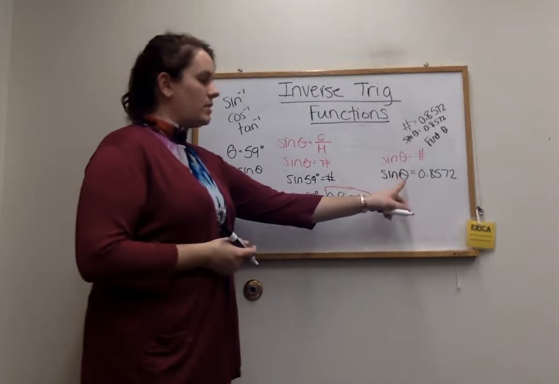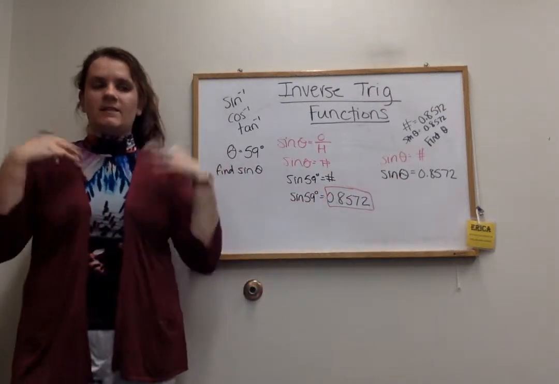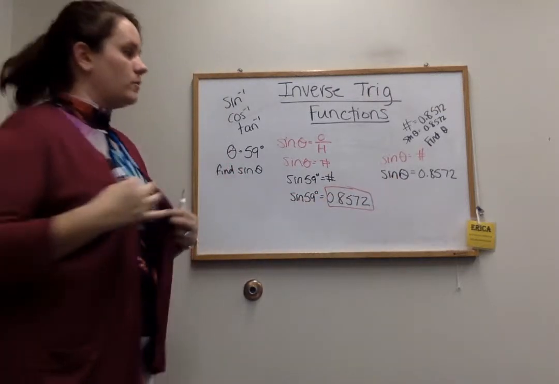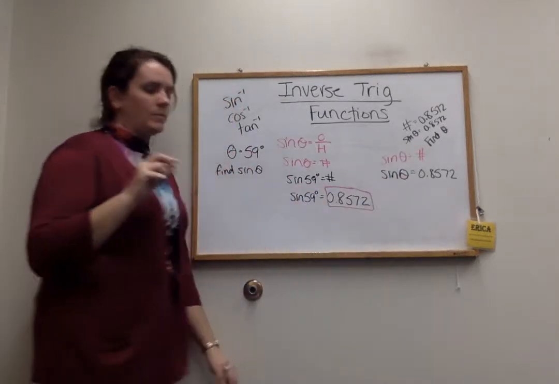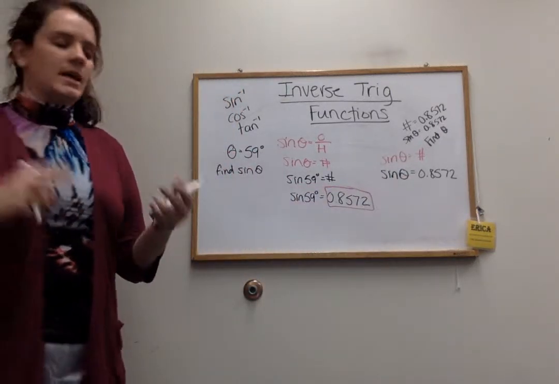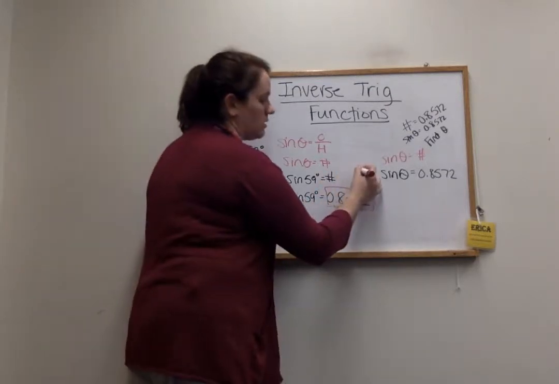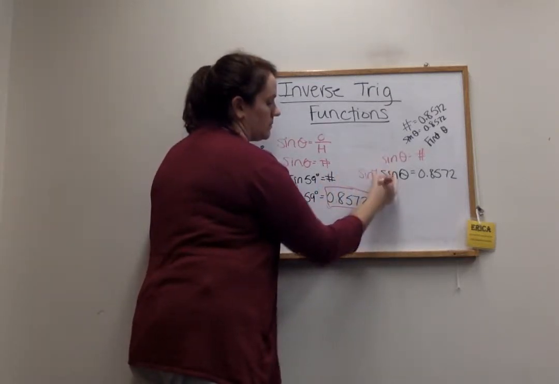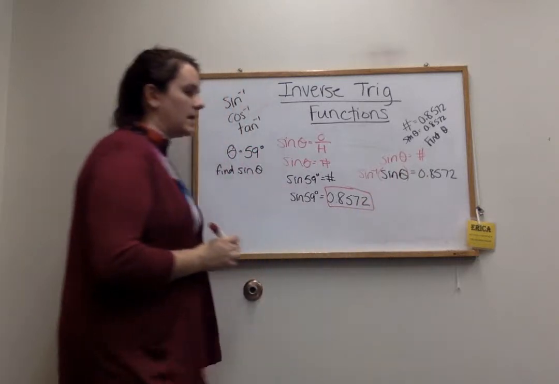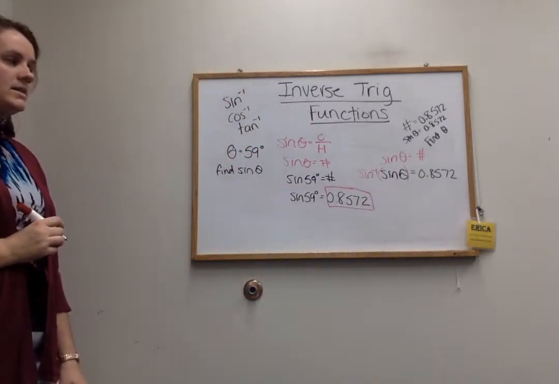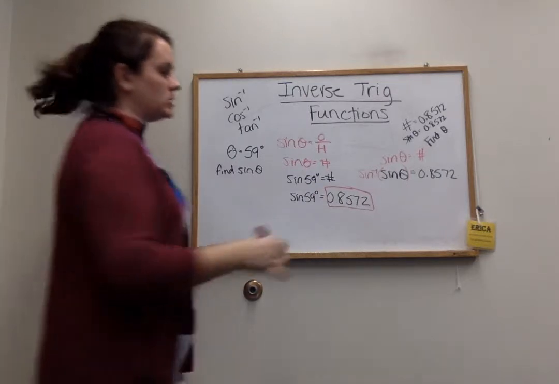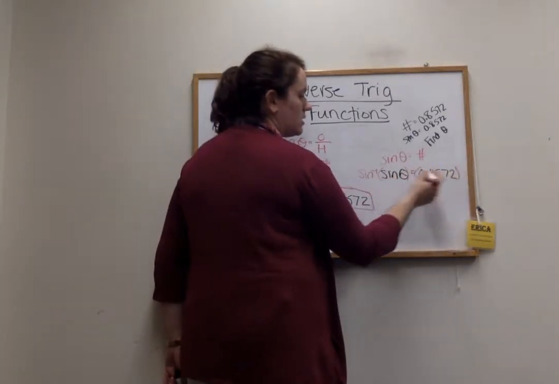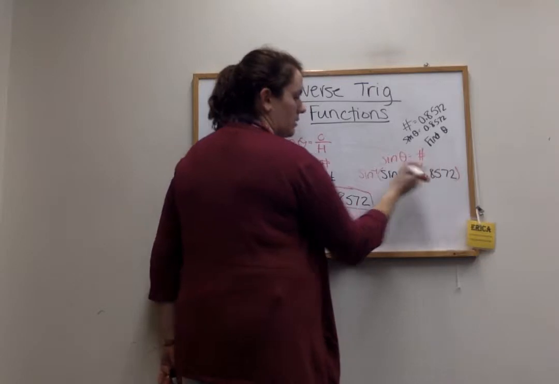In order to get theta by itself, if you think about this in a very algebraic sort of way, when we want to get rid of sine, the opposite of sine, or what undoes a sine, is a sine inverse. So it's like we are taking the sine inverse of that side of the equation. And if you take the sine inverse of that side of the equation, you must also take the sine inverse of that side of the equation.